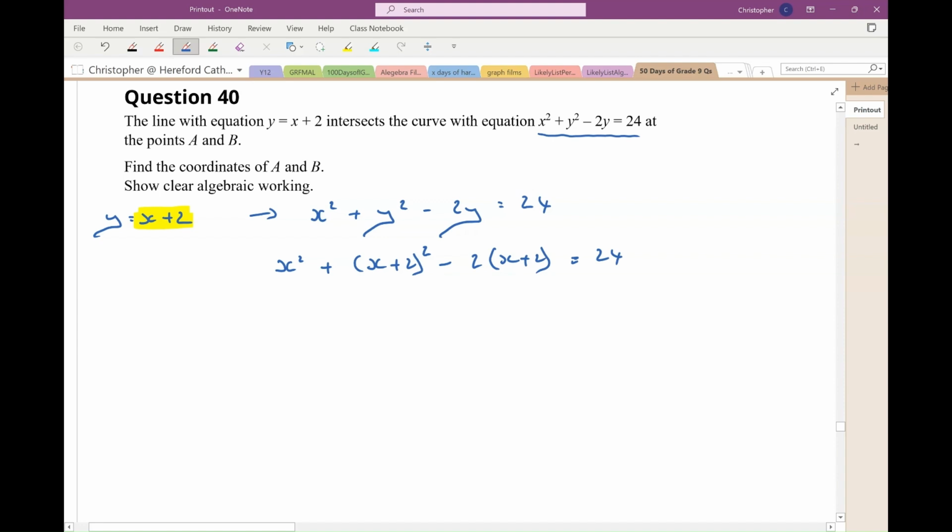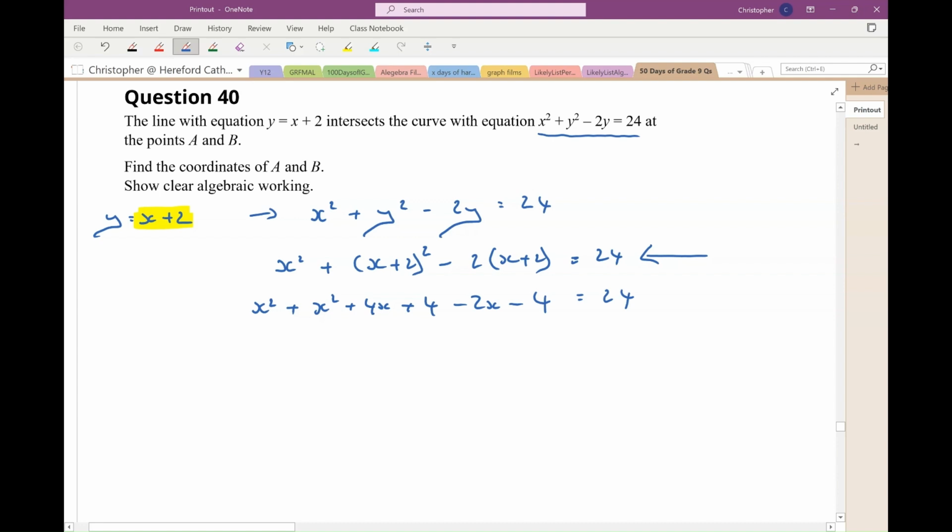So all I've got to do is to solve this equation, which has only got x's in it, without messing up the algebra. So x squared plus x plus 2 squared is x squared plus 4x plus 4, minus 2 times x, minus 2 times 2 is minus 4, equals 24.